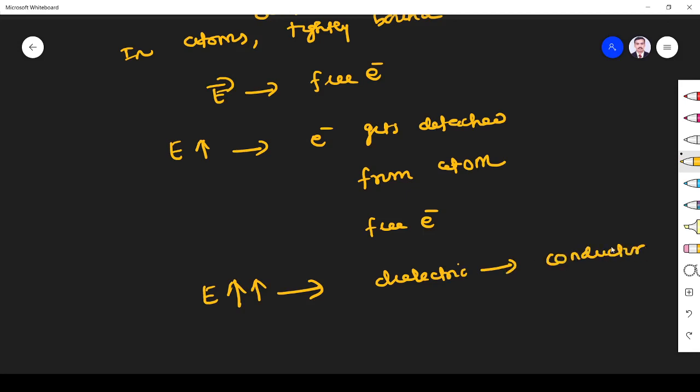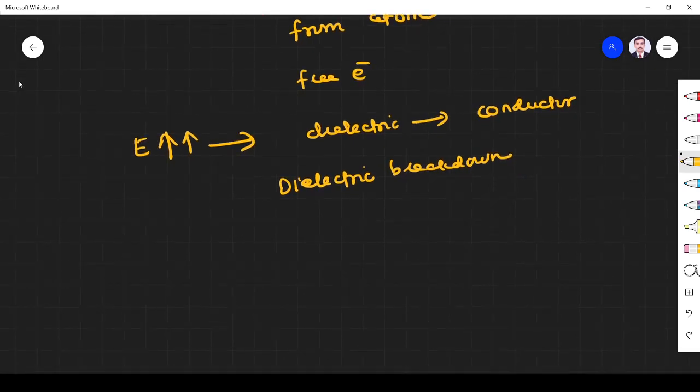This phenomenon is known as dielectric breakdown. If you increase the electric field, the electrons won't get detached simply, but at one point of electric field, the dielectric becomes a conductor.